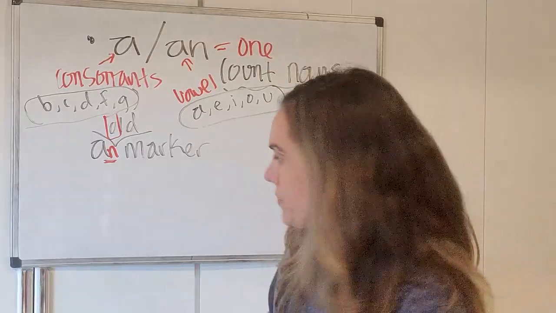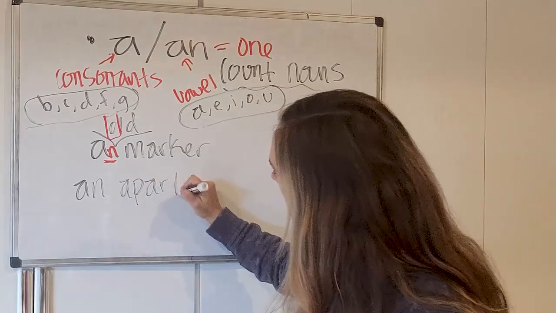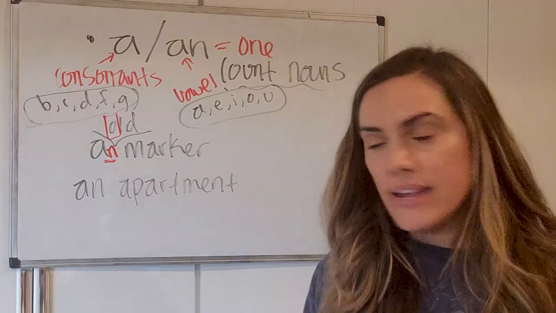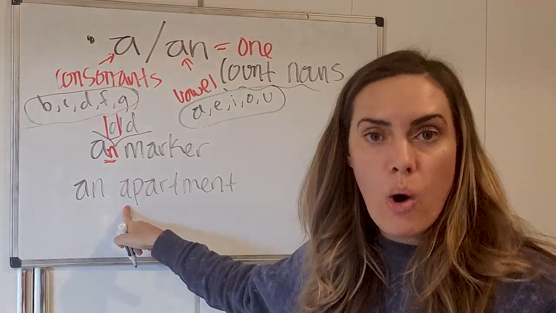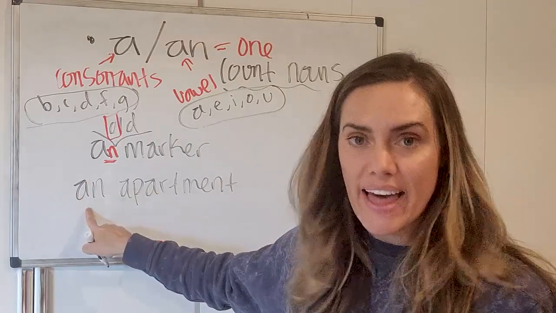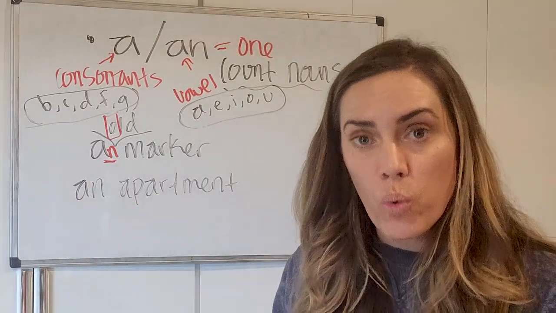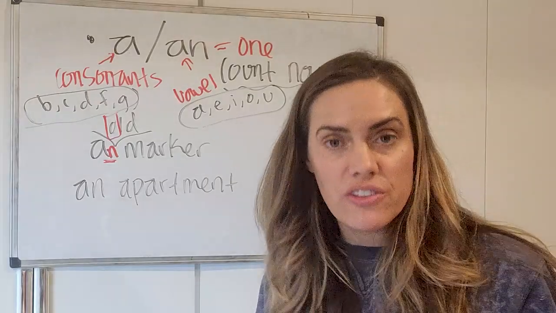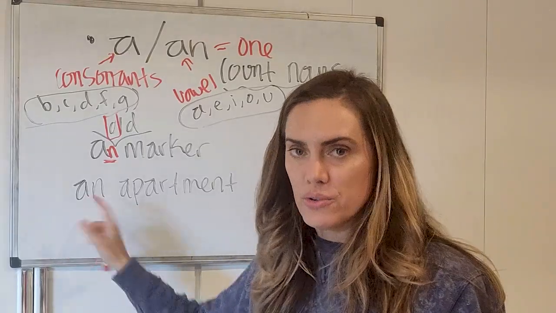Just like this one. We said an apartment, right? An apartment, because apartment is a vowel sound, so we need an. But if I put an adjective before that word apartment, I need to make sure the adjective matches this article, okay?